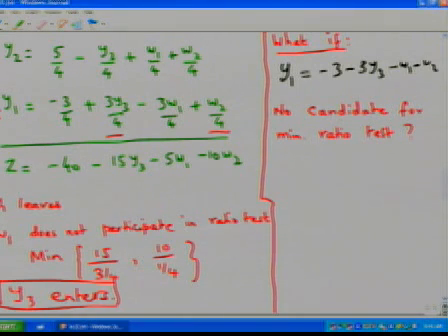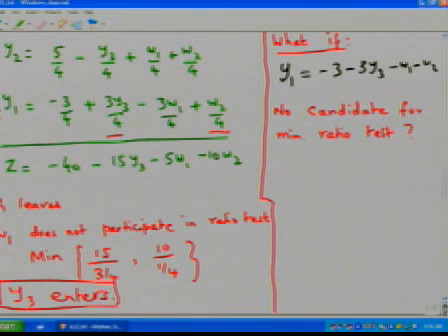Well, you will still determine that y1 leaves. What enters the basis? To decide which variable enters the basis, you would do the minimum ratio test, except that all of these variables have negative coefficients. So none of the variables participate in the minimum ratio test.